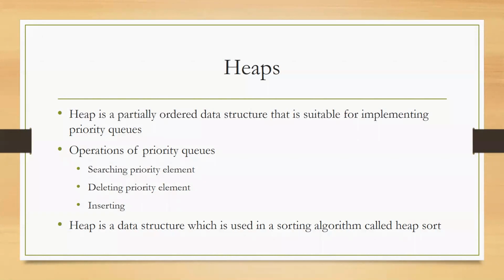That is called a descending priority queue. So if I want to search for any element in the priority queue, it will search for the maximum element. Even while deleting, it will search for the maximum element. So we call it a priority element. Either it can be maximum or minimum based on the ascending or descending priority queues.